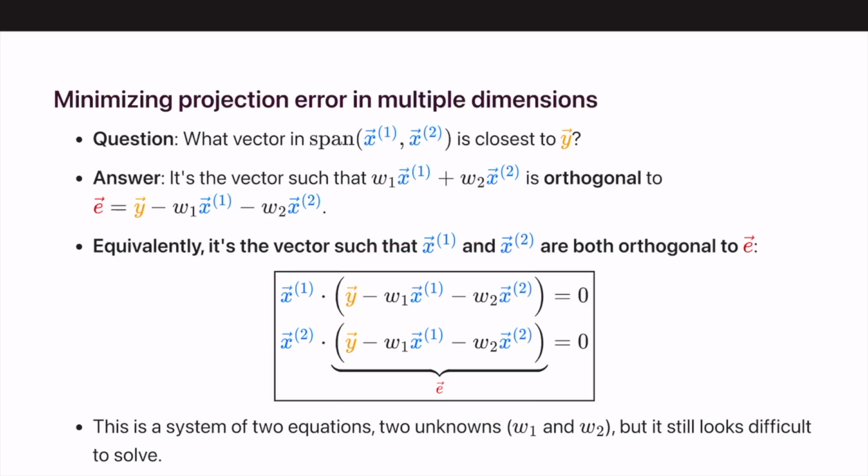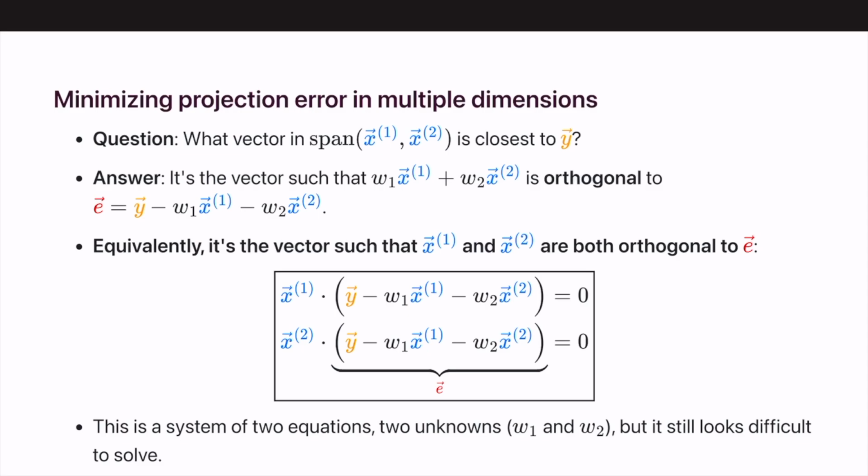And remember, when we have this type of equation, what we're really trying to do is solve for the scalars, the w1 and the w2. Because x1 and x2 together span the entire plane, there are an infinite number of w1s and w2s we could pick, but we're trying to find the w1 and the w2 that make our error vector orthogonal to our x1 and x2.